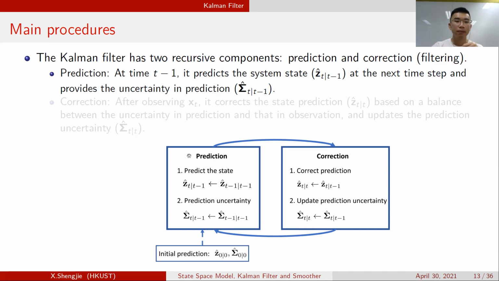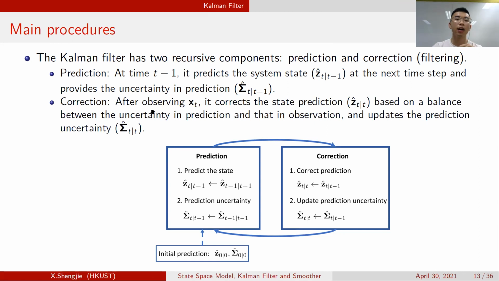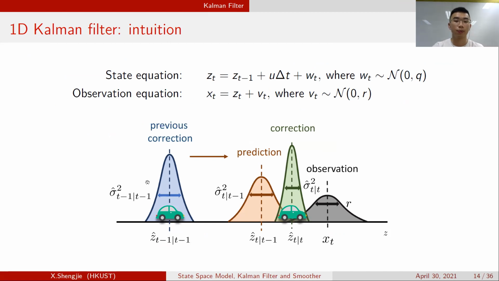The next step is called correction. Correction means after we have observed xt, the observation at time t, we correct our state, because we have estimated it before and we want to correct it. It has a notation like this, which means our corrected state at time t conditioned on all t observations. We also update our prediction uncertainty, denoted as this one.